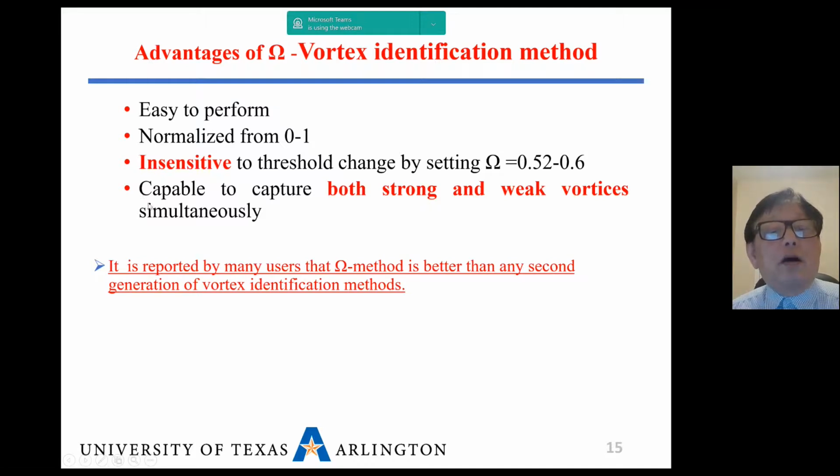Fourth, it is also capable of capturing both strong and weak vortices simultaneously. So we received many reports saying the omega method is better than any other second generation vortex identification methods. It is really for the relative strength of the vortex.